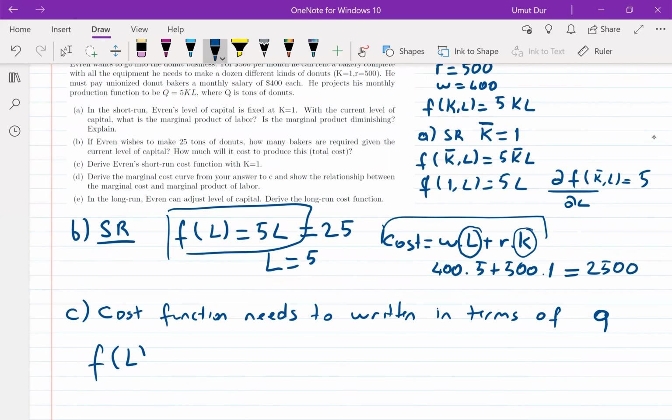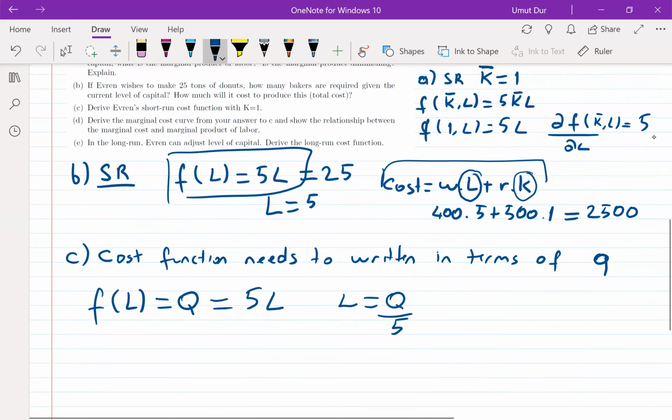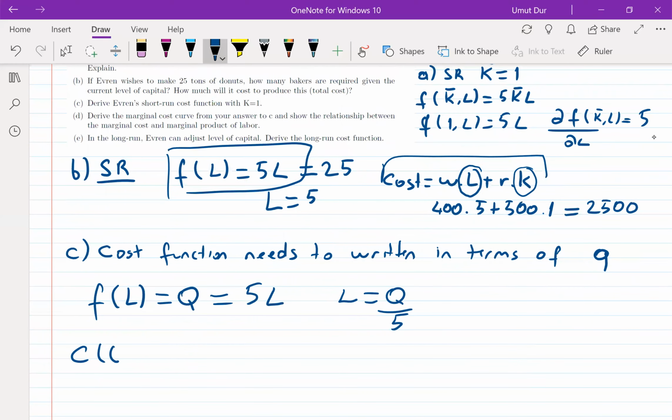So if quantity is equal to 5L, then for any quantity level Q, I need to have L equal to Q over 5. And if I want to write the cost function in terms of quantity, it will be WL plus RK.